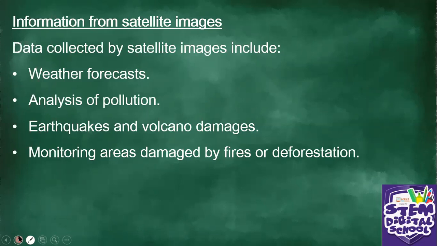They can also use satellites in the atmosphere to check the pollution that is done on Earth. Earthquakes and volcano damages, and also monitoring areas damaged by fires or deforestation. So all of this information can be collected by satellites.